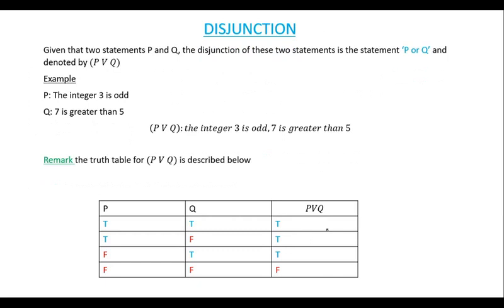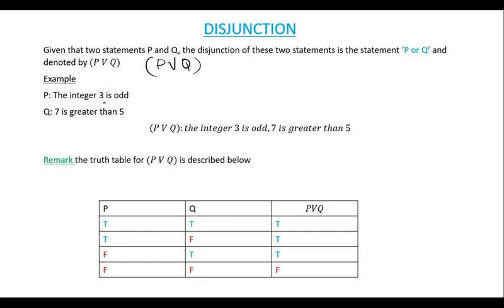Let's go ahead. We want to look at disjunction. Now disjunction is just the opposite of conjunction. Given two statements P and Q, the disjunction between these two statements is the statement P or Q, and it is denoted by P, inverted V, and Q. So we call this P or Q. Let's have a look at the example that we used earlier on.